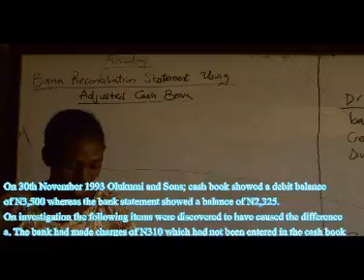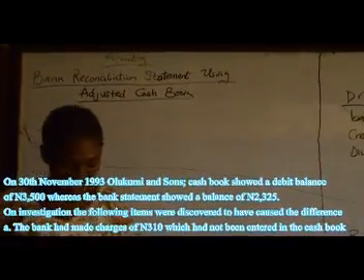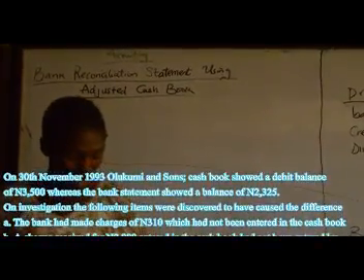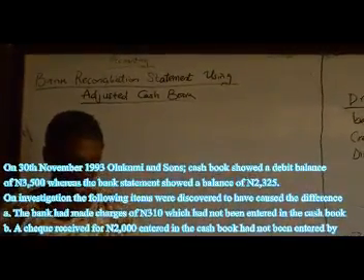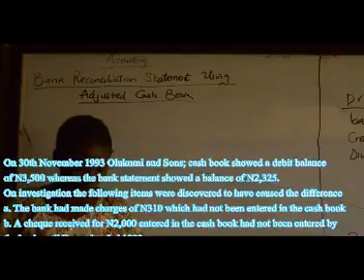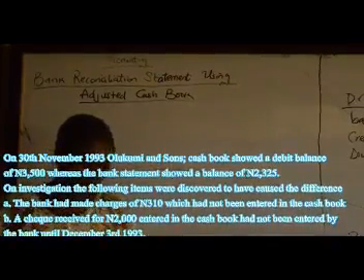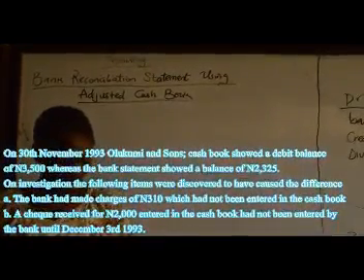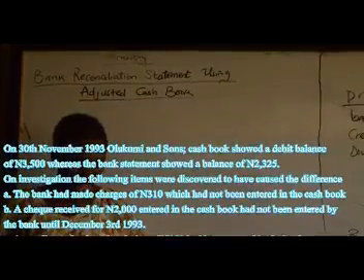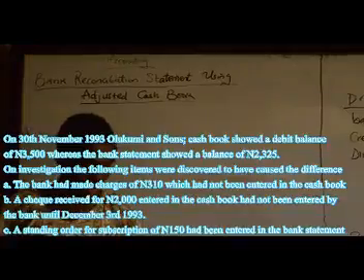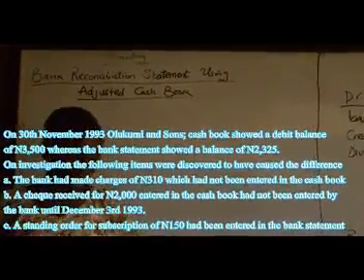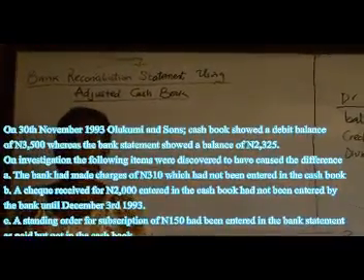On investigation, the following items were discovered to have caused the difference. First, the bank had made charges of 310 naira, which had not been entered in the cash book. Second, a check received for 2,000 naira entered in the cash book had not been entered in the bank until December 3rd, 1993. So that's an uncredited check, okay?